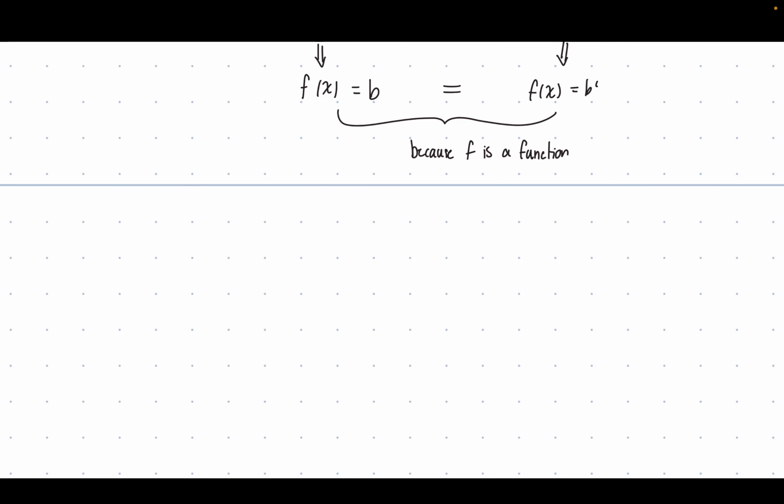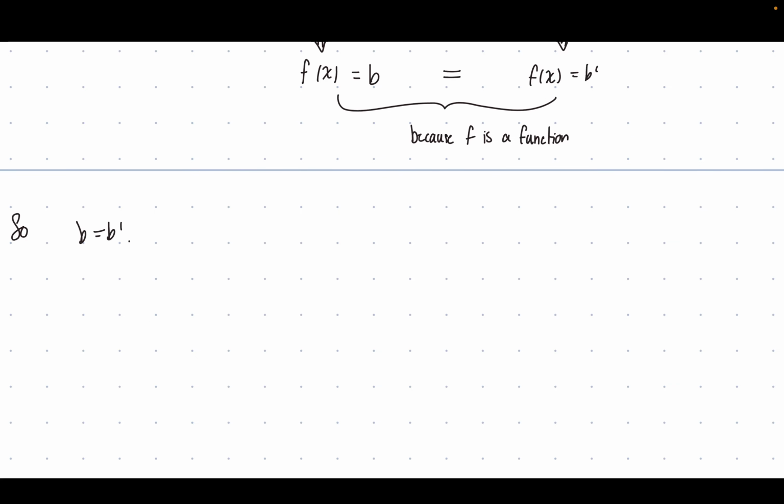So b is equal to b prime, and thus for all c in the range of g, there exists some unique b such that (b, c) is in g.